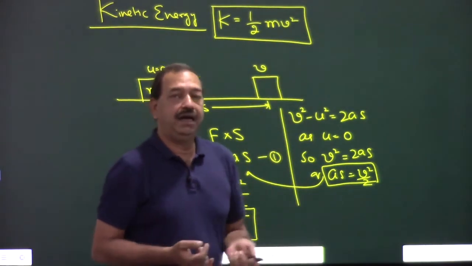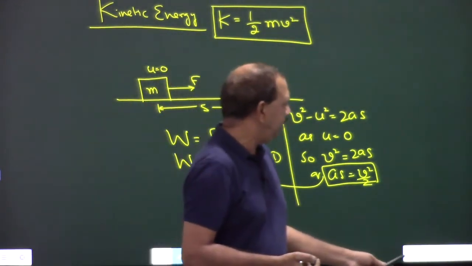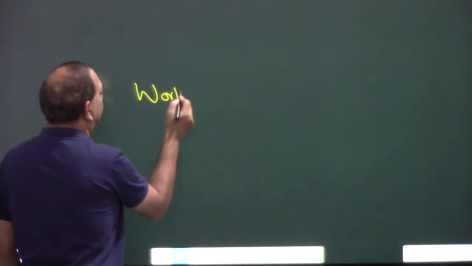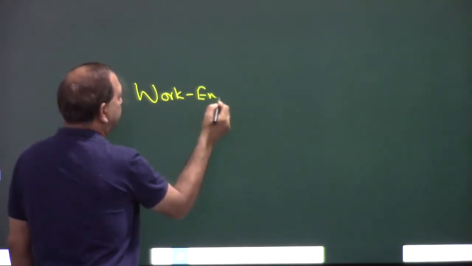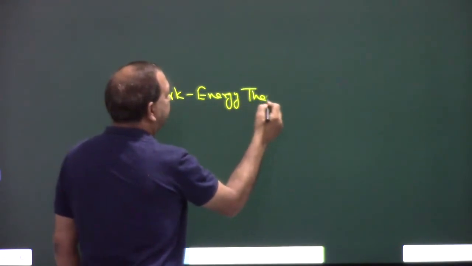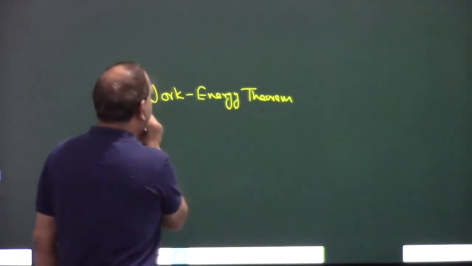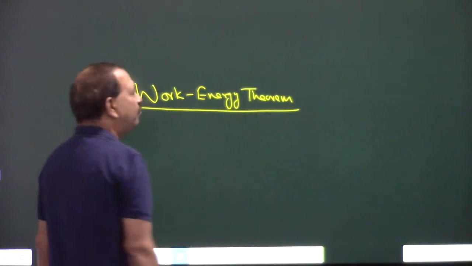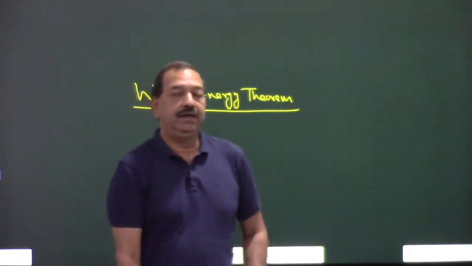Now there is one important theorem that is called the work energy theorem, and it's really interesting to know, and I will show you with an example that this theorem is always applicable whatsoever the condition may be. What does this work energy theorem say?